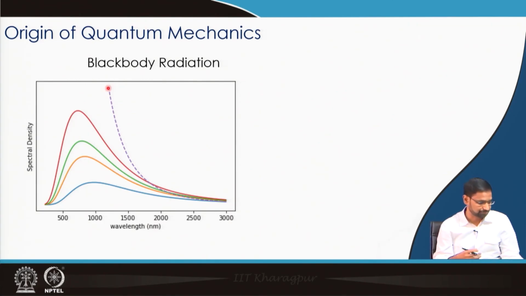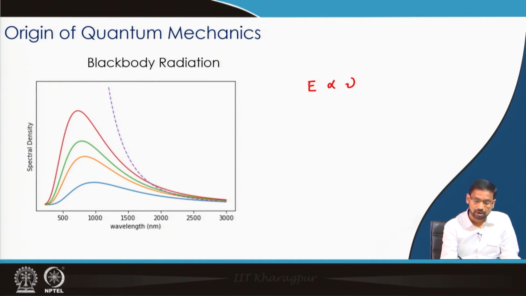Now what he invoked is that the energy of these oscillators is proportional to the frequency of the radiation. So by using this, instead of treating the energy of the oscillator as a continuous function, he said that the energy of the oscillators is quantized and the absorption and emission occur only at certain quantized values.